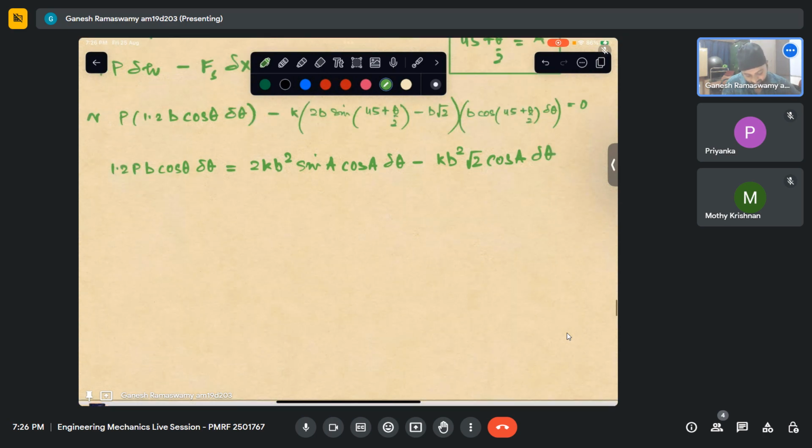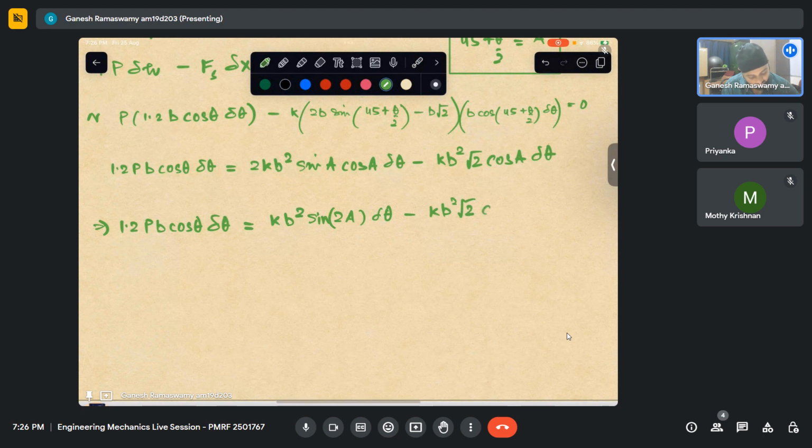Okay, so from here, if I simplify this, I get 1.2 P b cos theta delta theta equal to k b squared, and then 2 sin A cos A, which is nothing but sin 2A, just as sin 2 theta is 2 sin theta cos theta. So k b squared sin 2A delta theta minus k b squared root 2 cos A delta theta.